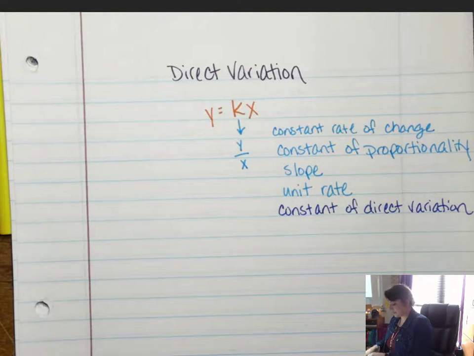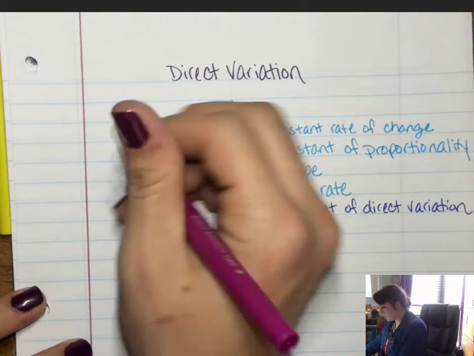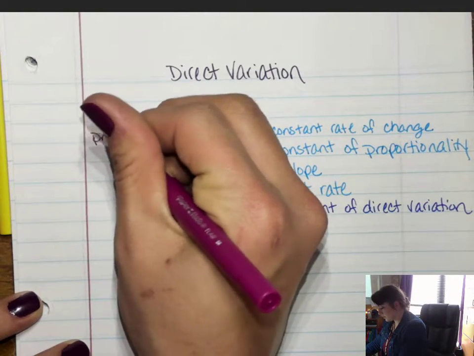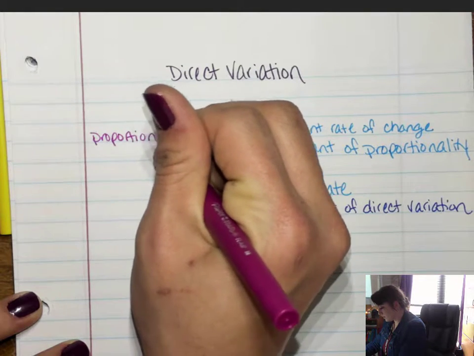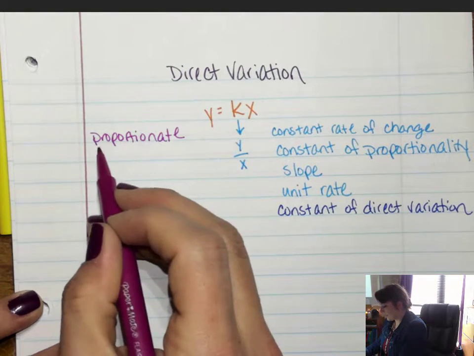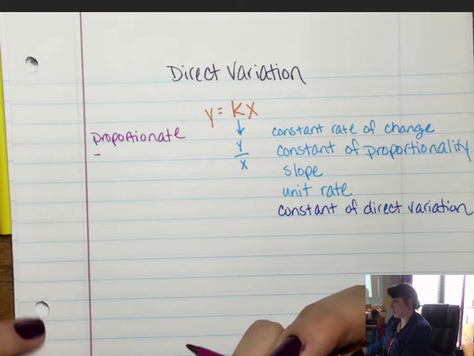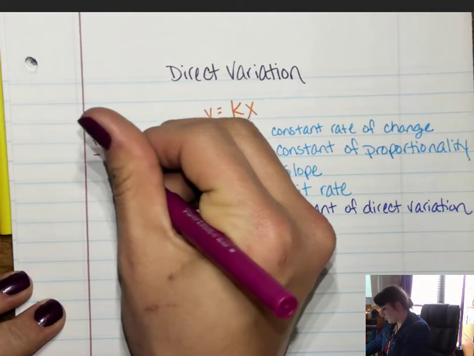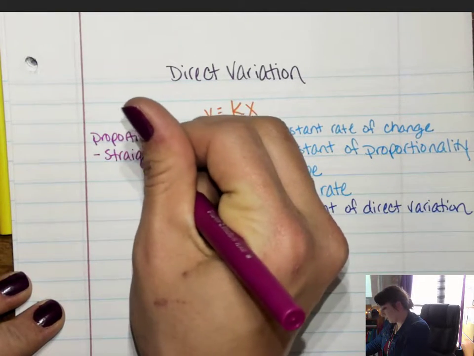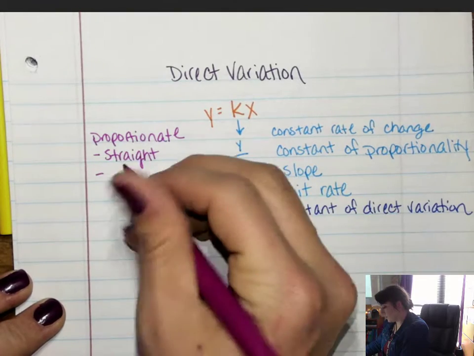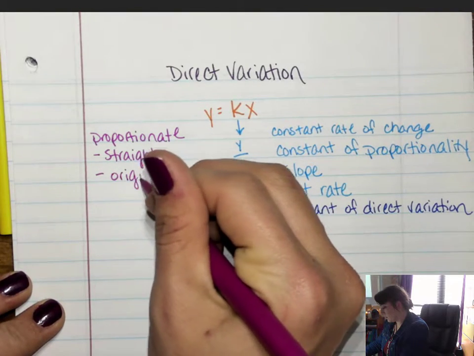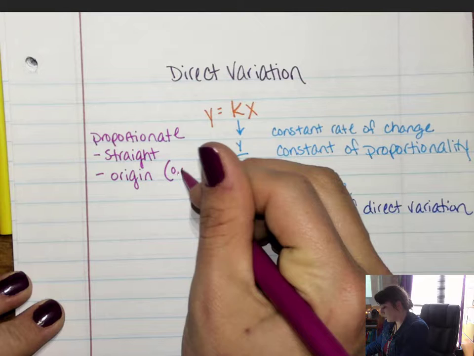So with this, it is a proportionate relationship. What does that mean your graph is going to look like? Straight line. And what point does it have to hit? The origin, which is 0, 0.